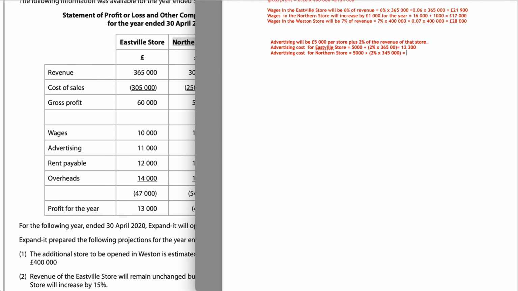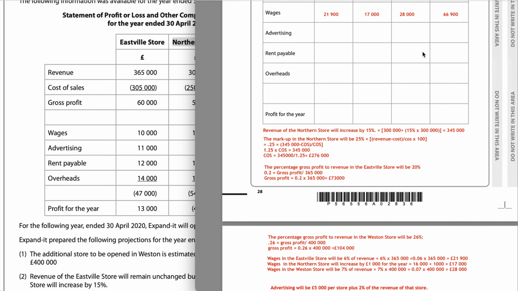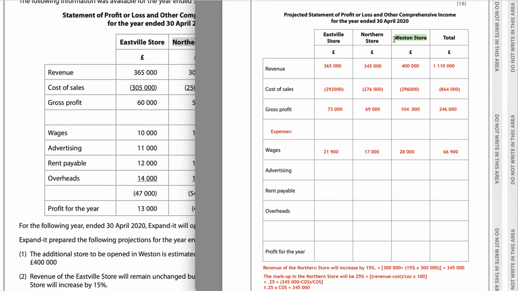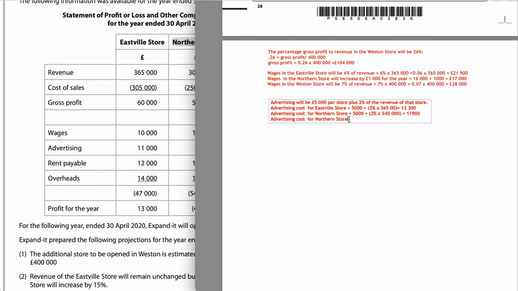That is 5,000 plus 0.02 times 345,000, that is 11,900. Now the next one is the advertising cost for the western store.